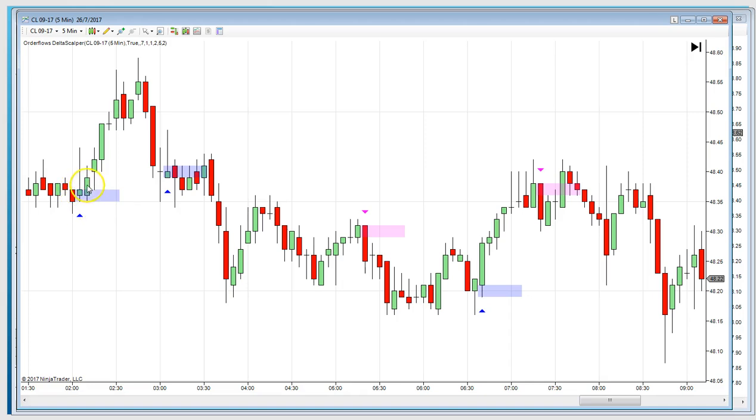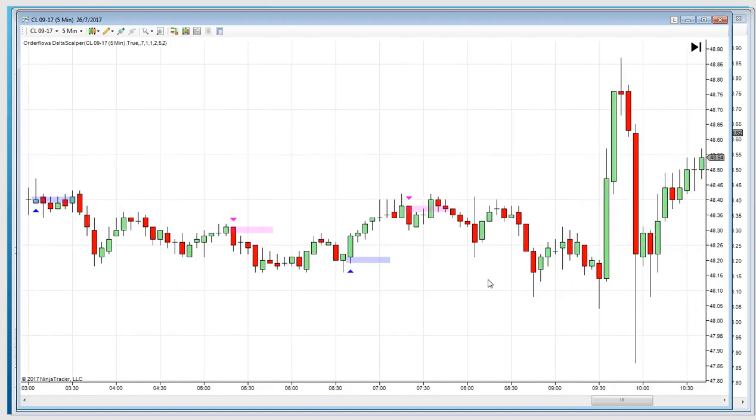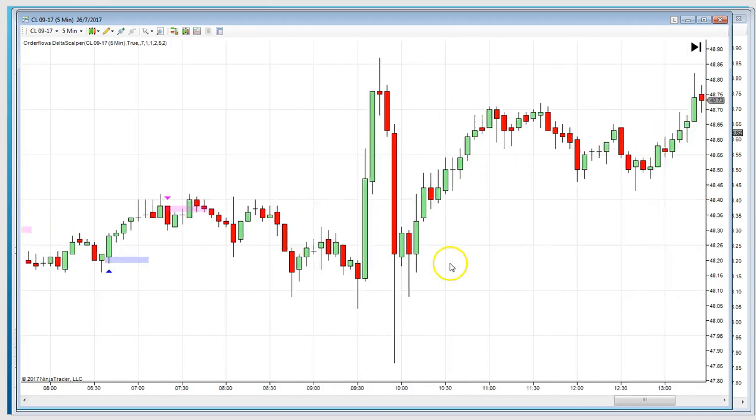But you had a decent move here. This one didn't work out. This one stopped you out. This one, from 25 down to 18, that's not much of a move. And here a move up from 28 all the way up to 38. It's 10 ticks. So this is a 5-minute chart, so each bar is forming as the clock ticks. Later, no signals the rest of the day.